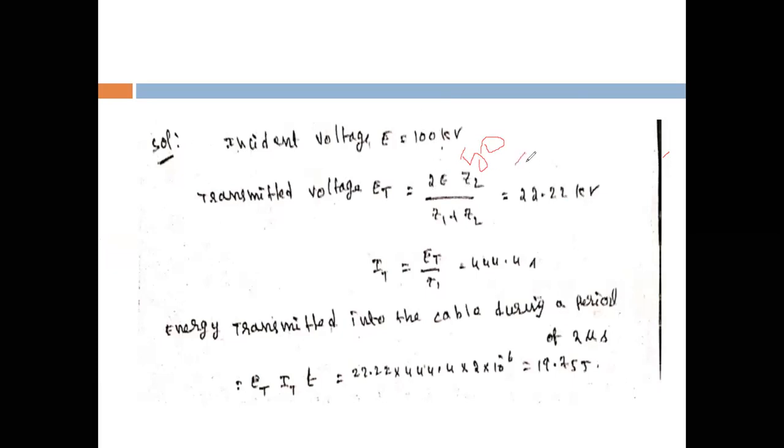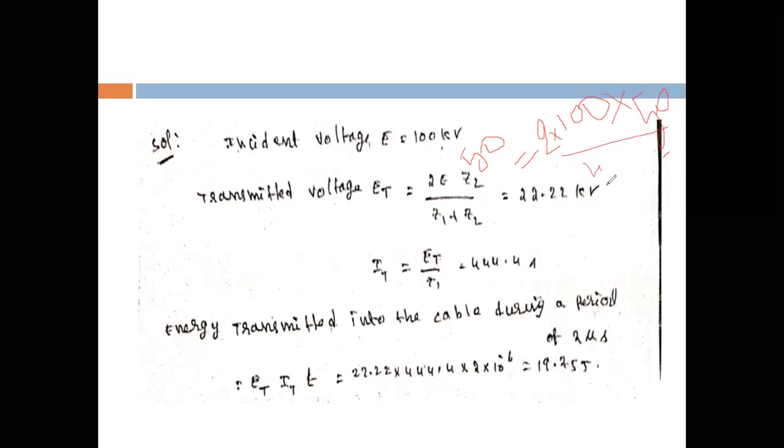That is equal to 2 into 100 into Z2, which is 50, by Z1 plus Z2.